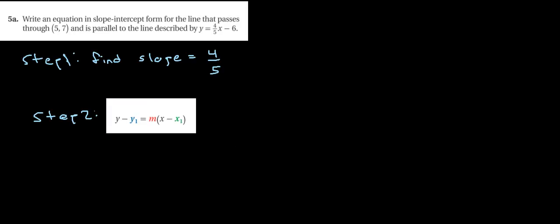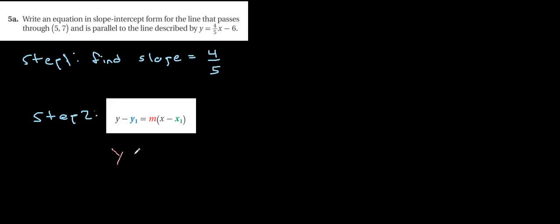Well, how do I go about doing that? It's not too tough once you break the problem up, because you're given all the information. You're given the slope, which is 4/5, and you're given a point.